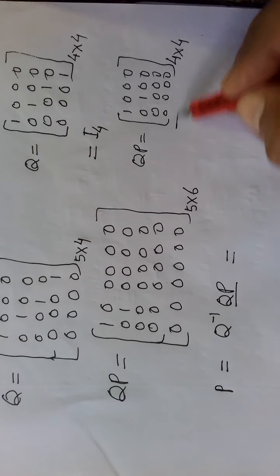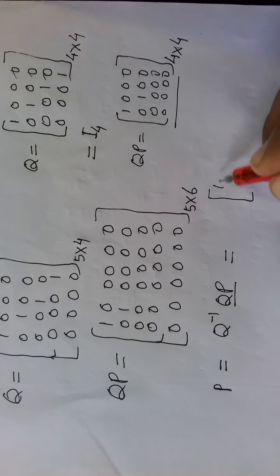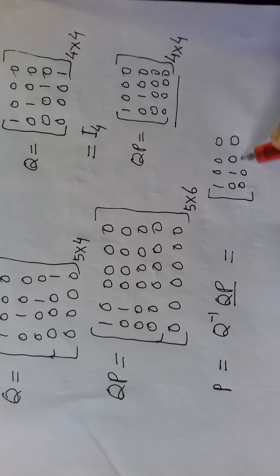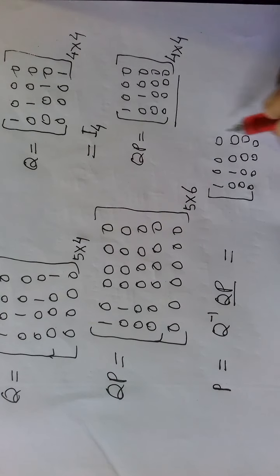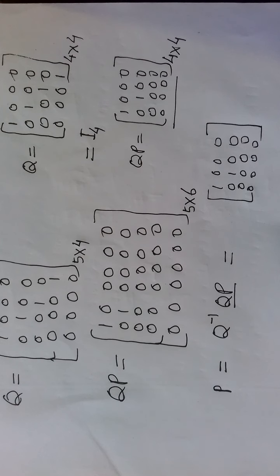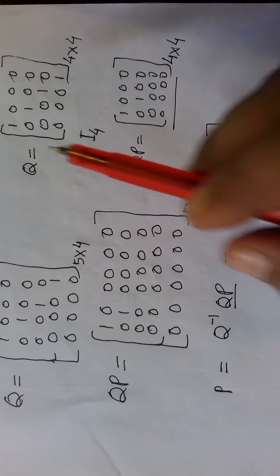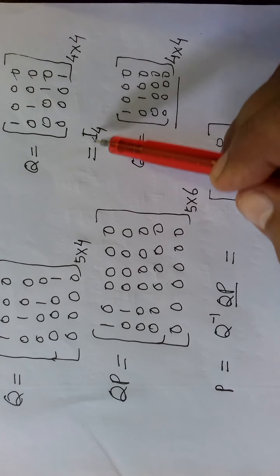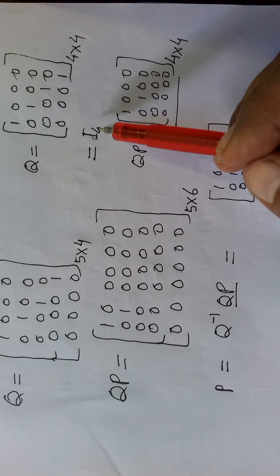QP is here 1 0 0 0 0 1 0 0 0 0 0 0 0 0 0 0. And you know Q inverse. Q is an identity matrix, so its inverse will be the same.